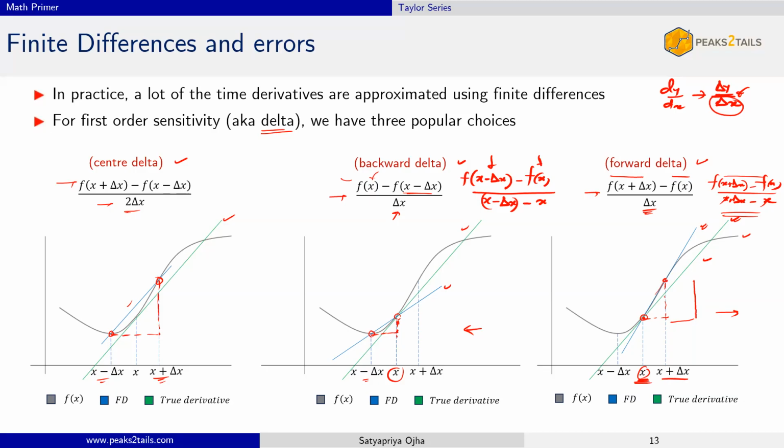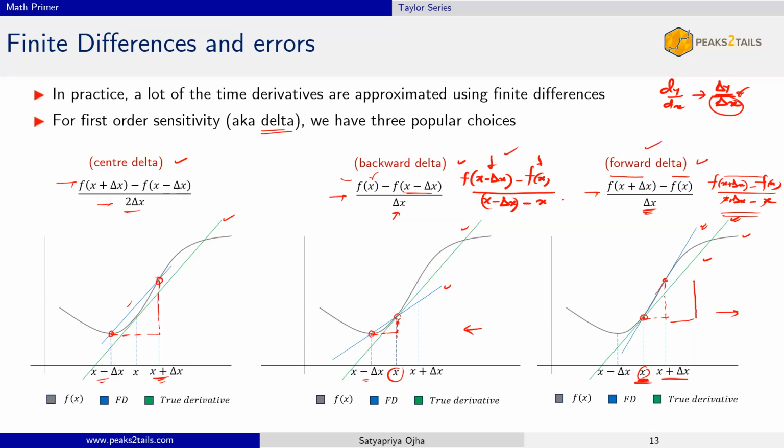Anyone? Arjit says it is twice delta now. Yes, so that's the reason. It requires two evaluations.